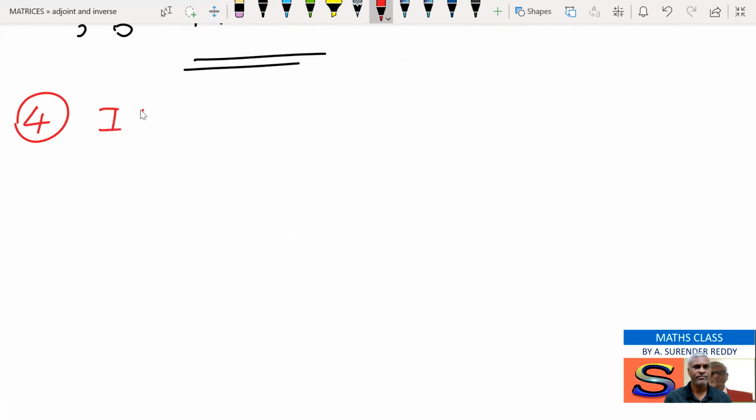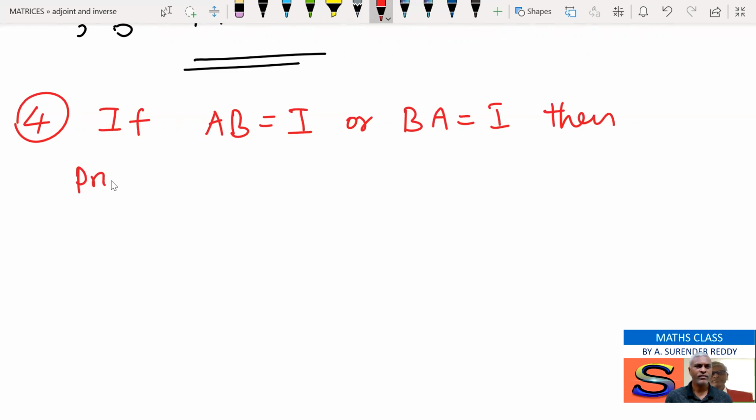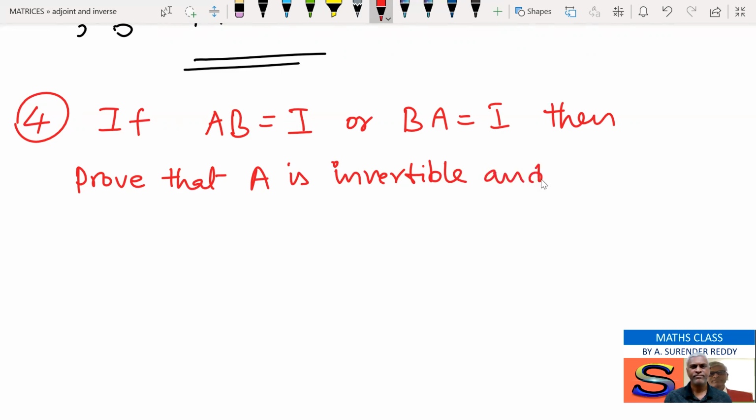If AB is equal to identity matrix, or BA is equal to identity matrix, then prove that A is invertible and B is equal to A inverse.